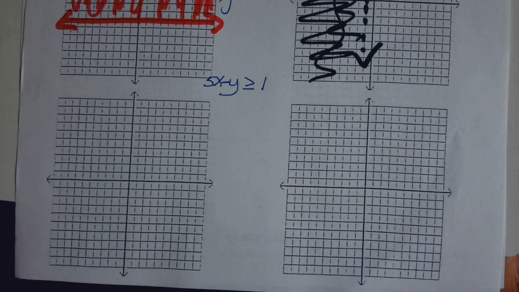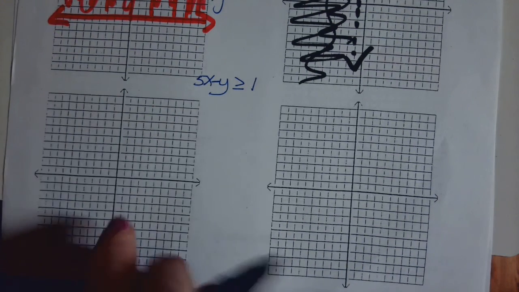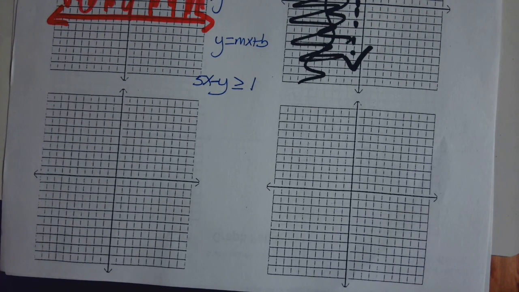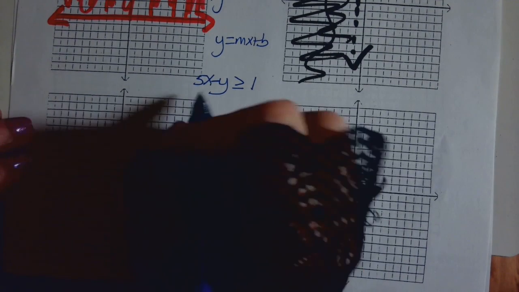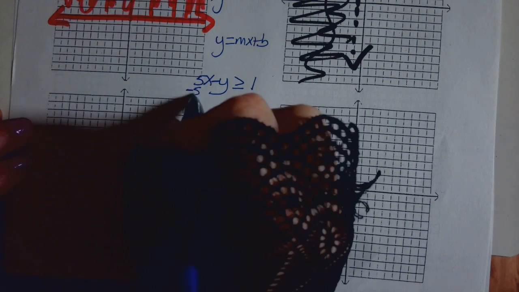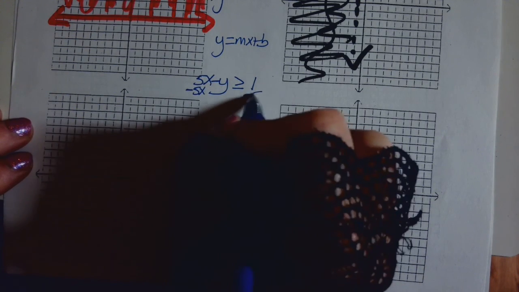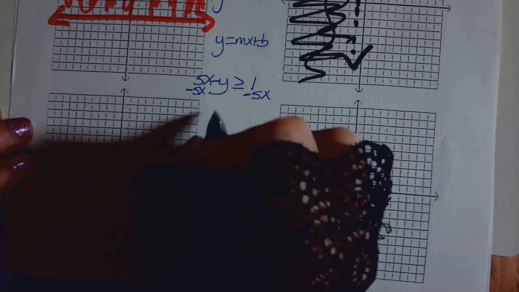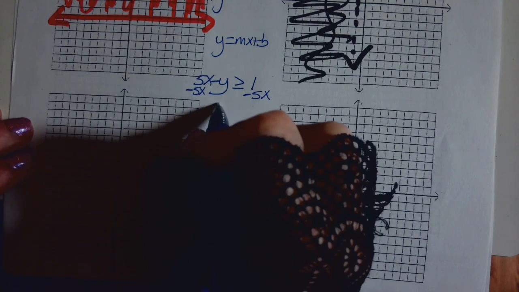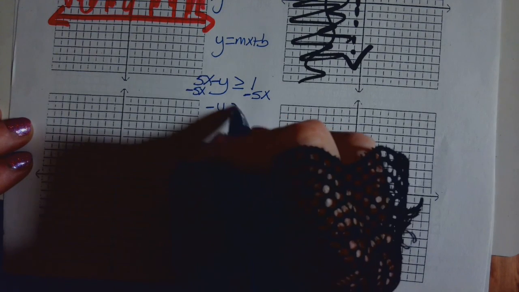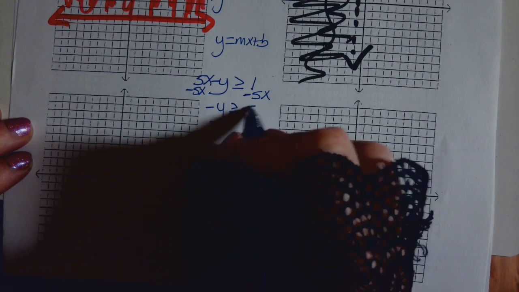So there's some things that we have to do. So let's go ahead and solve this for y. So remember, we want it to look like this. Alright, y equals mx plus b. So that means I'm going to subtract the 5x and bring it over to this side. So negative y is greater than or equal to negative 5x plus 1.